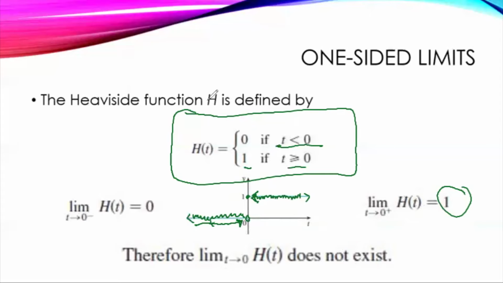Therefore, the limit of h of t as t approaches 0 does not exist.